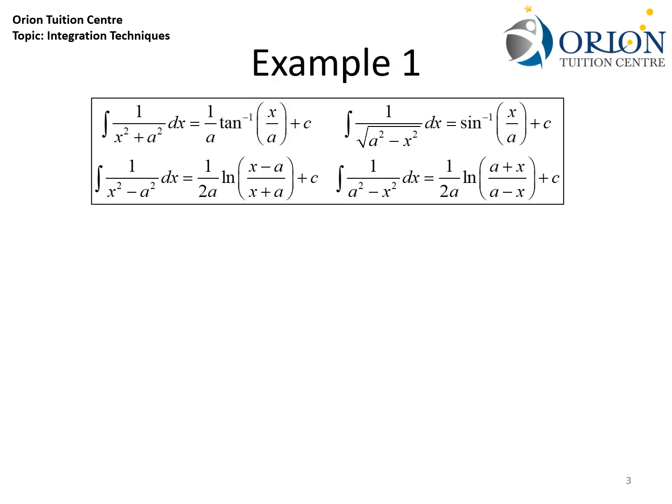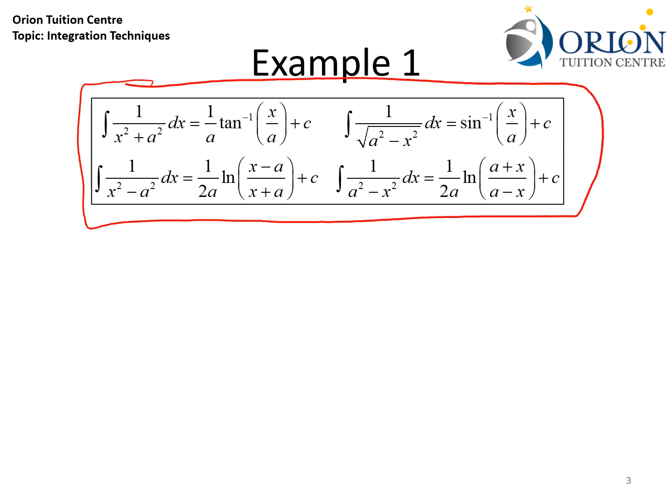In the formula booklet, there are several formulas that are given for integration. Of particular interest to us now are these four. If we see that a particular integral can be written in one of these forms or similar forms, then we can apply these formulas directly. For example, in example A, we see that the term is 1 over x squared minus 4, which is exactly the same as 1 over x squared minus a squared, where a is equal to 2.